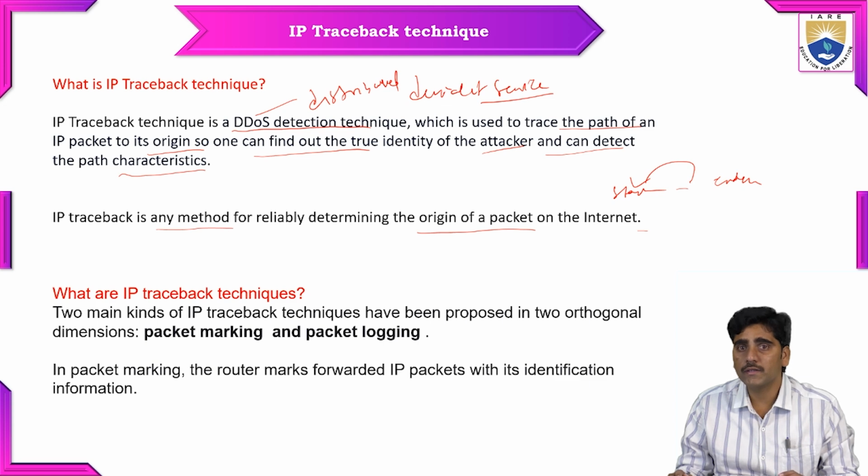So the IP traceback process is a DDoS, distributed denial of service, detection technique to find out the path characteristics as well as the identity of the attacker as well as the path of the IP packet, where it is moved from source to destination, or traced back from destination to origin.